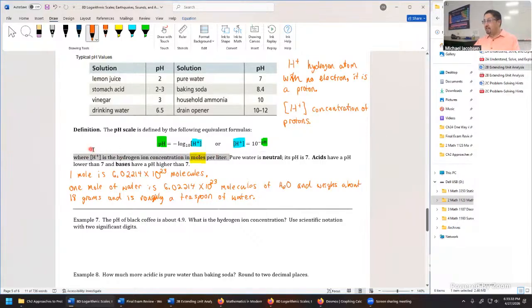Okay, so that's what's going on with this whole sentence right here. A lot of stuff. So think of H plus, the number of protons, and when we say a number of protons, this number is particularly per liter of whatever you're considering, per liter of lemon juice, per liter of coffee, per liter of maybe household ammonia.